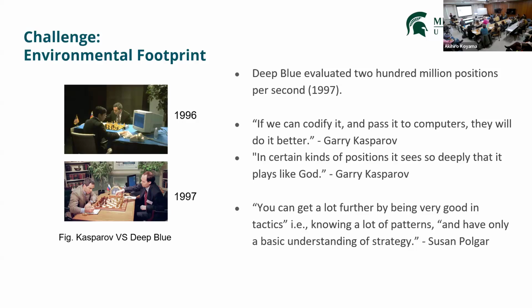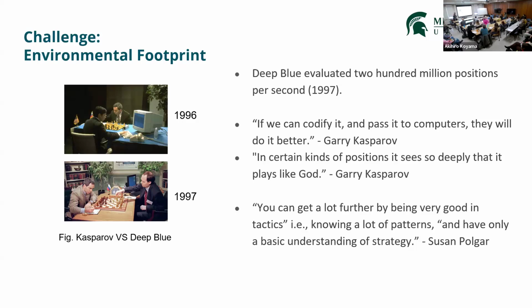And in that match, this is the first time Garry Kasparov in his career walked away from a game, because he was not able to understand how it was playing. He mentioned that if we can codify it and pass it to the computers, they will do better. He even mentioned that in certain kinds of positions, it sees so deeply that it plays like a god. So he admits that this is a very efficient and accurate model, and we can utilize some of those resources.